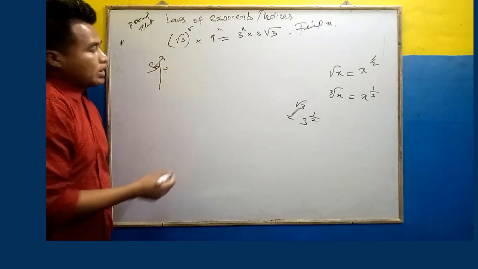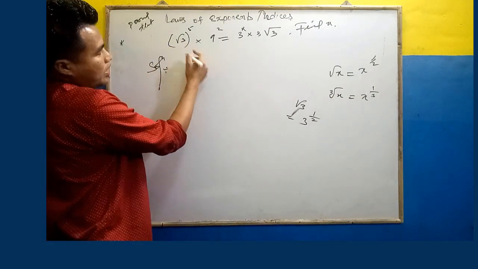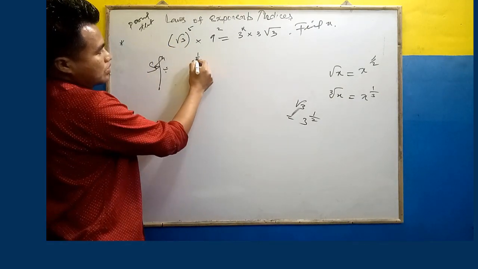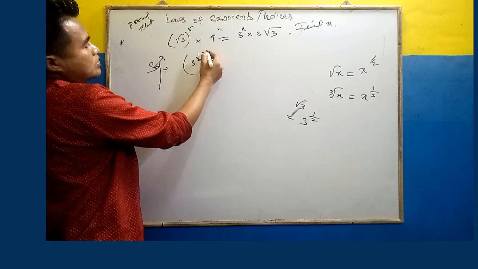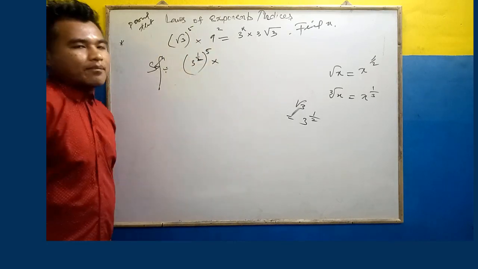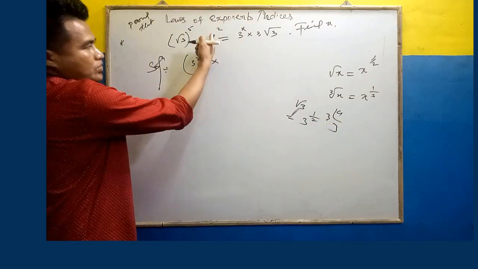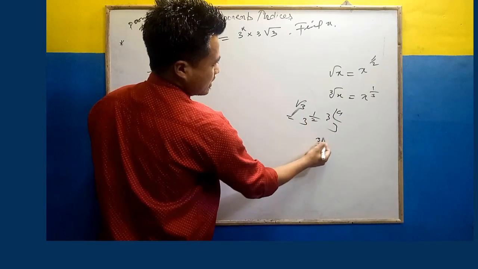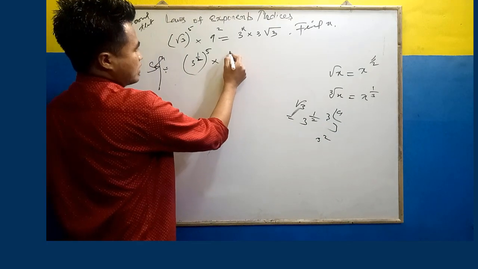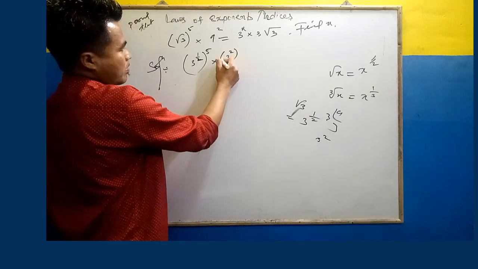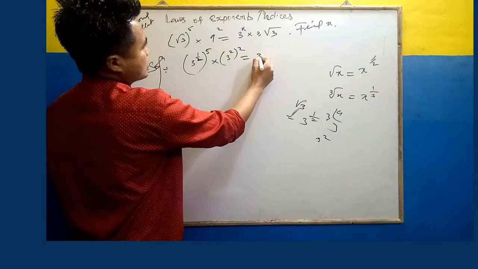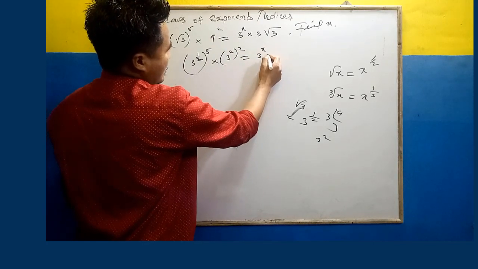So here I can write 3 to the power 1 by 2, to the power 5 into 9. 9 is what? 3 3s are 9. So this can be written as 3 into 3, which is 3 square, to the power 2, which is equal to 3 to the power x into 3.